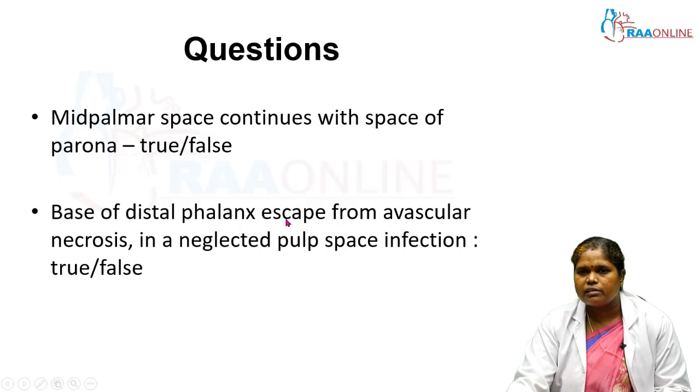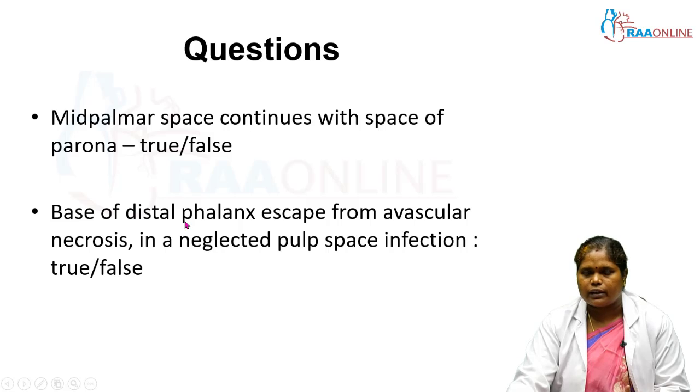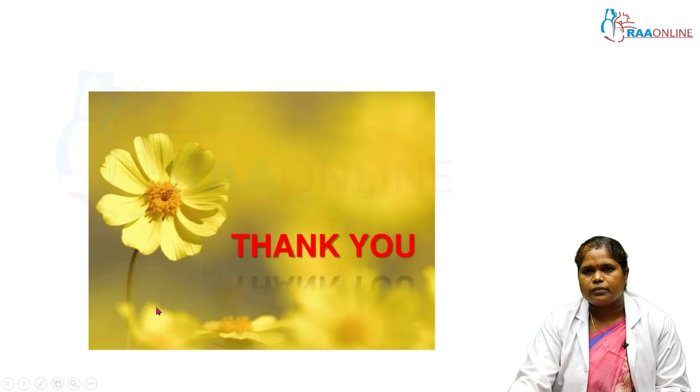The base of the distal phalanx will escape from avascular necrosis because the base of the distal phalanx is supplied by a separate epiphyseal branch which is given off before entering into the fibrous septa of the pulp space. So, the base alone will escape from avascular necrosis. The rest of the distal phalanx will undergo avascular necrosis. Okay. So, that is about the importance of pulp space and the various spaces of the hand. Thank you.